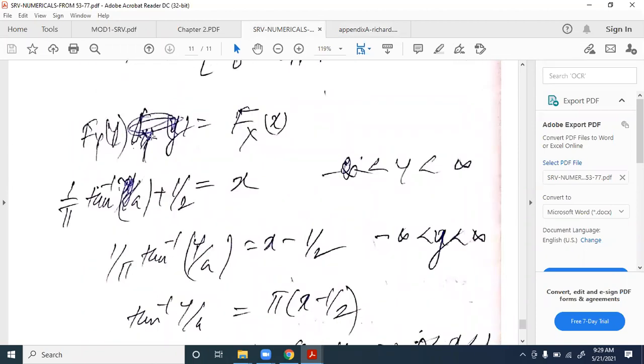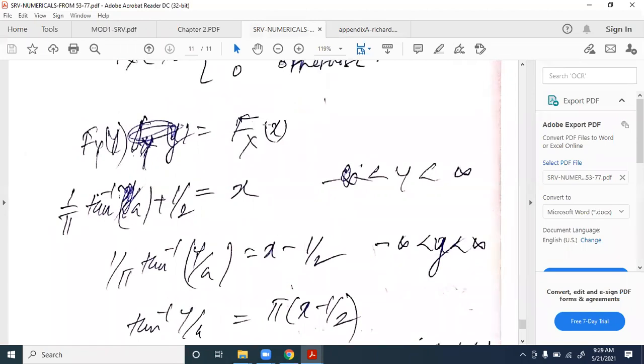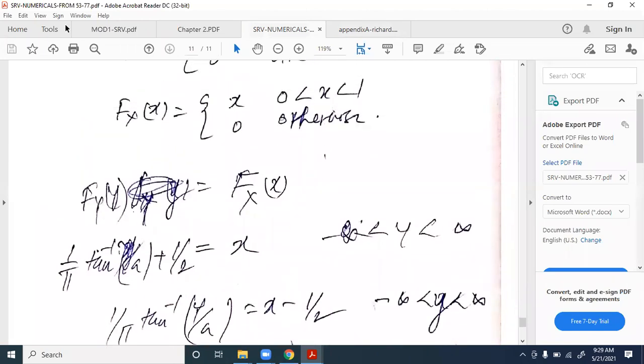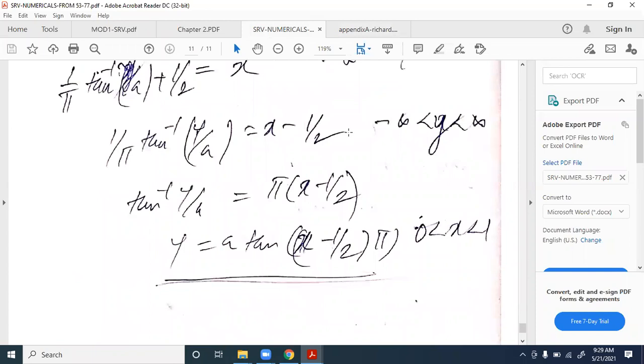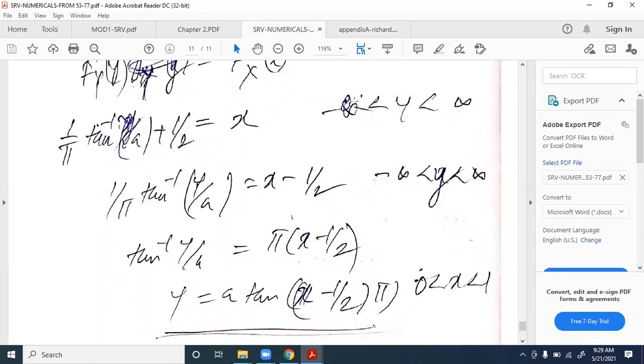Okay, F_Y(y) is equal to F_X(x), and F_X(x) we can take directly from here, and it is the value x itself between 0 and 1. Between 0 and 1, so we need not write this minus infinity to infinity. We can as well write 0 less than x less than 1, and that's what we have written over here.